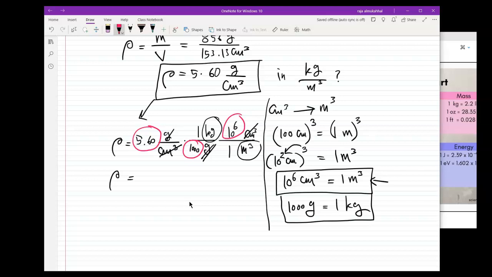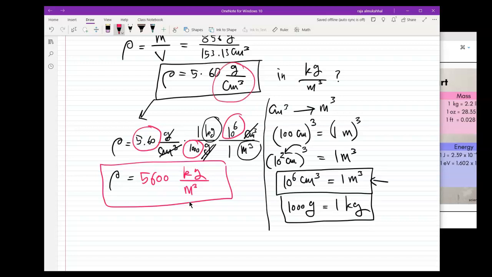And that will give me 5,600 kilograms per meter cubed. Okay? And there we go. I have converted the density from grams per centimeter cubed into kilograms per meter cubed. Okay, good.